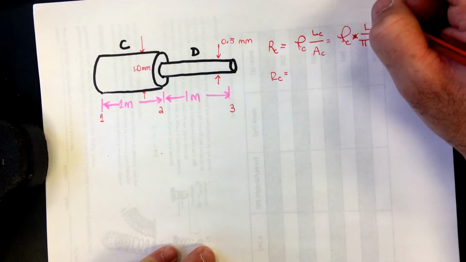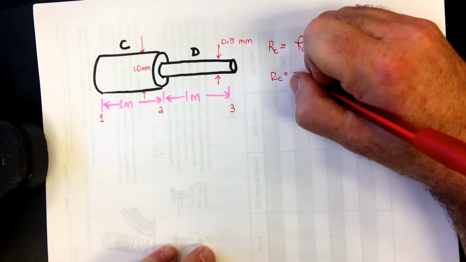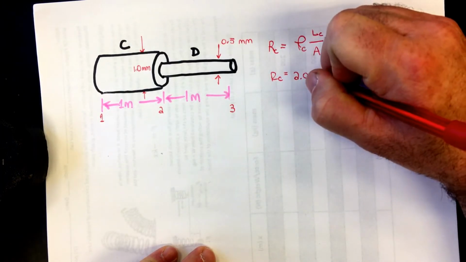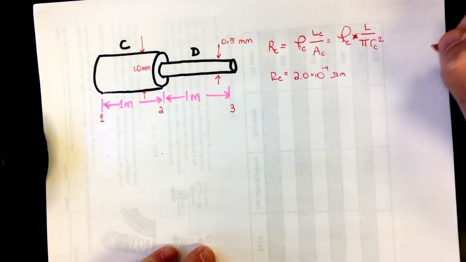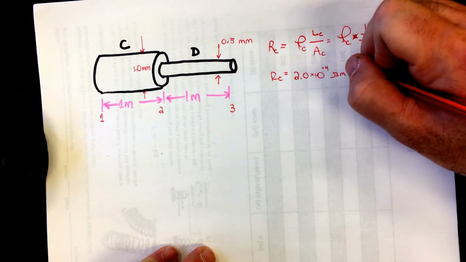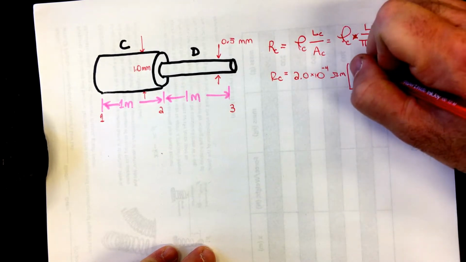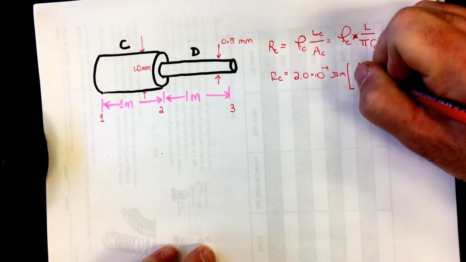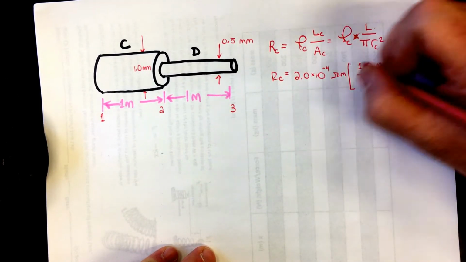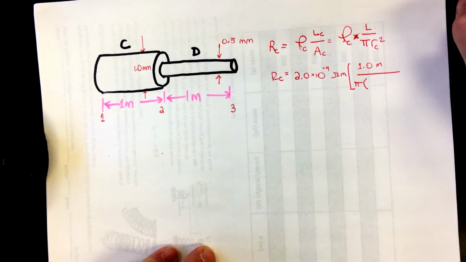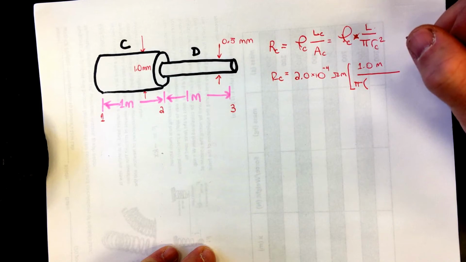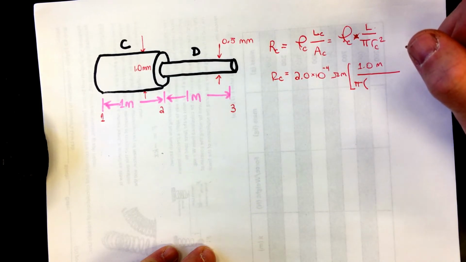The resistance of segment C is the resistivity, which was given to us as 2 times 10 to the -4th ohm meters, not ohms per meter, but ohm meters. Then we multiply it by the length of 1 meter, and divide by pi, and then we need to convert the diameter to the radius and do pi r squared.